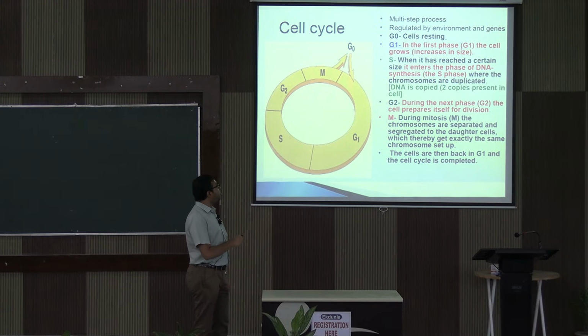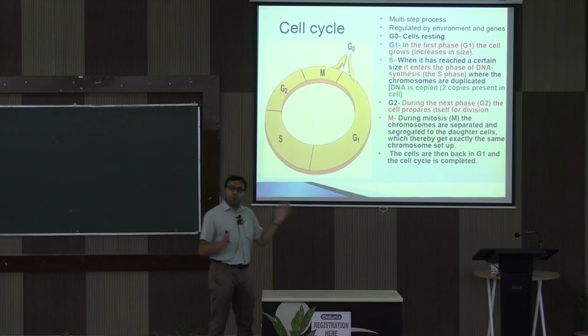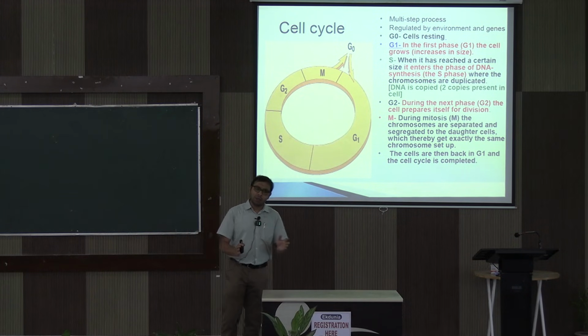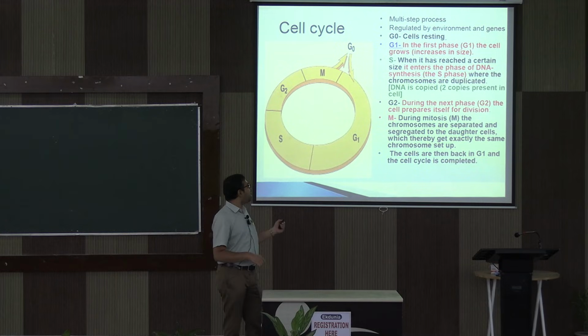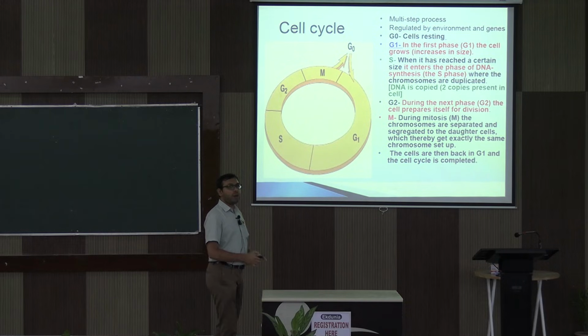You know about G0, which is the resting phase, and this is also present in all our normal cells. But in cancer cells the cell cycle becomes accelerated, so fewer cells are in the G0 phase and most of the cells enter the cell cycle.